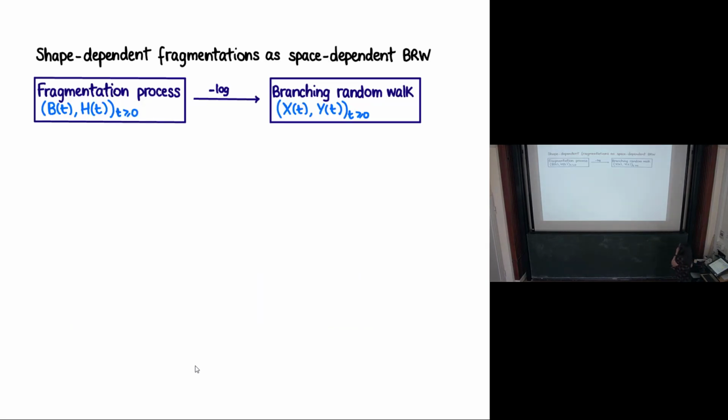Okay, so let's see in more detail what it means to define an equivalent branching random walk. So we will take a minus log transform. The fragmentation process is a process of bases and heights of rectangles. And in the branching random walk, the two components will be minus the log of the base and minus the log of the height. We will denote these two components by x and y.